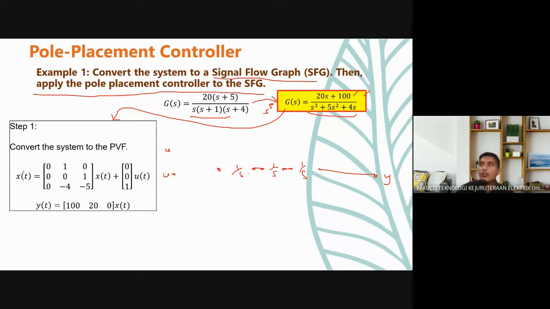Okay, so because you need to start from the right side, this is x1. What is the value at this part? If this is x1, before the integrator will be what?